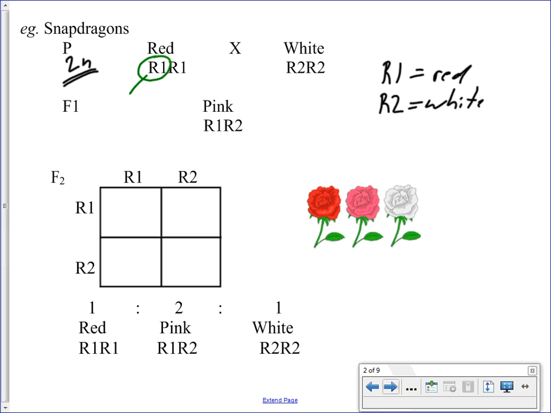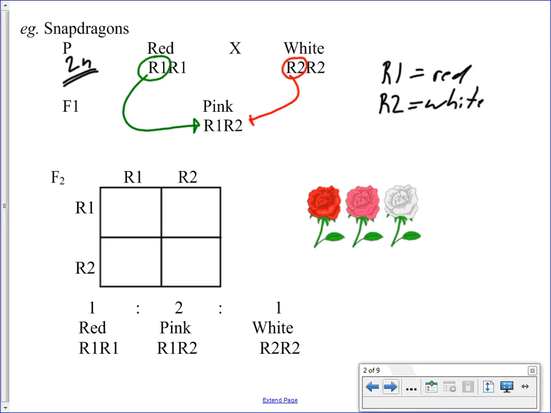So from the red parent, that one will be contributed. That's the only thing that can be contributed from the red flowered parent because that is the only version of the gene or allele that they have. From parent number 2, all they have are the R2 alleles, so that's all they can contribute.